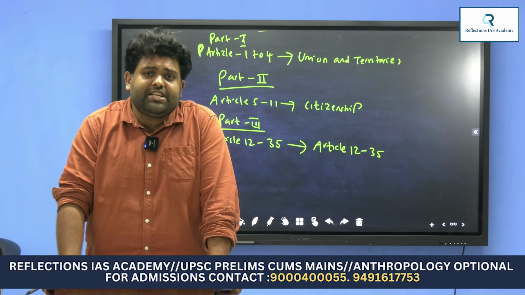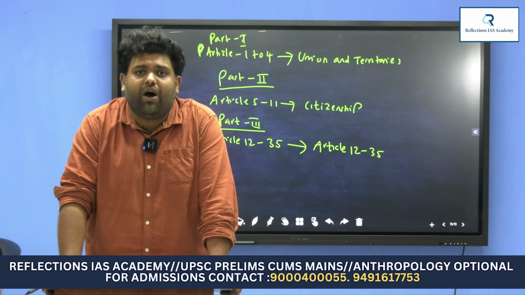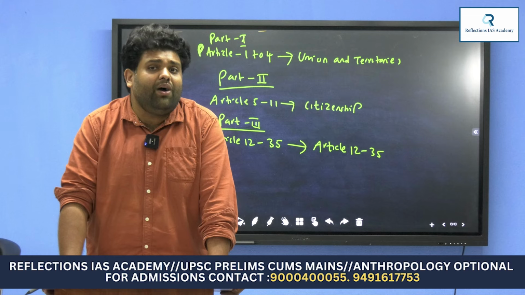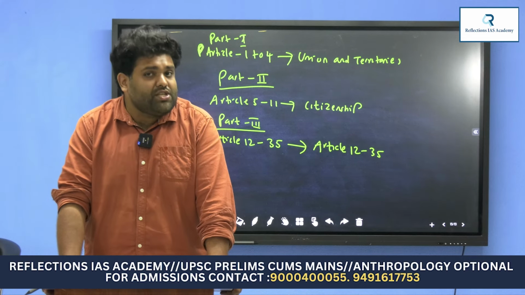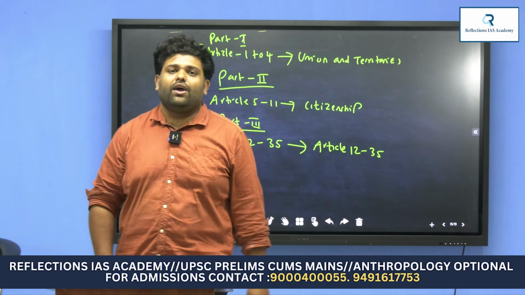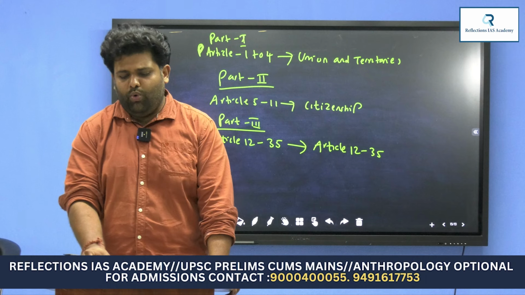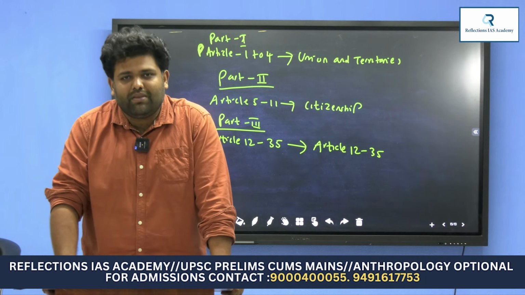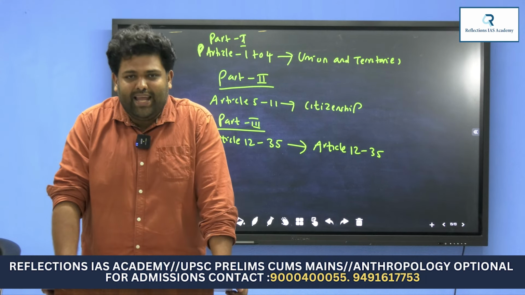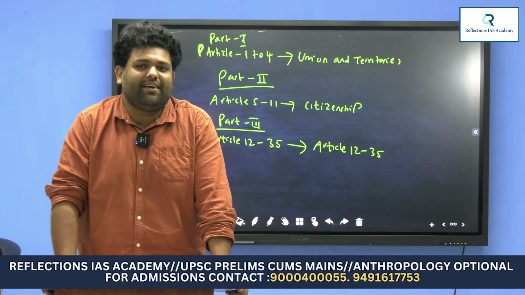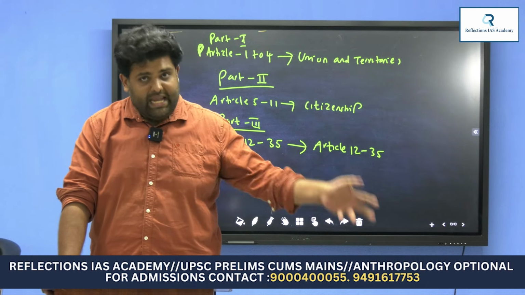Though the words mentioned are procedure established by law, we also follow due process of law. That is why I said guardian of the Constitution, and the interpreter of the Constitution is basically the Supreme Court, the judiciary. So this is a very important article, sir.